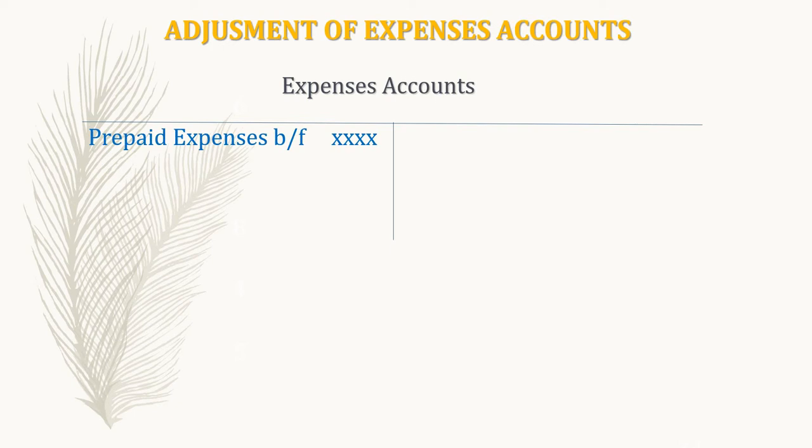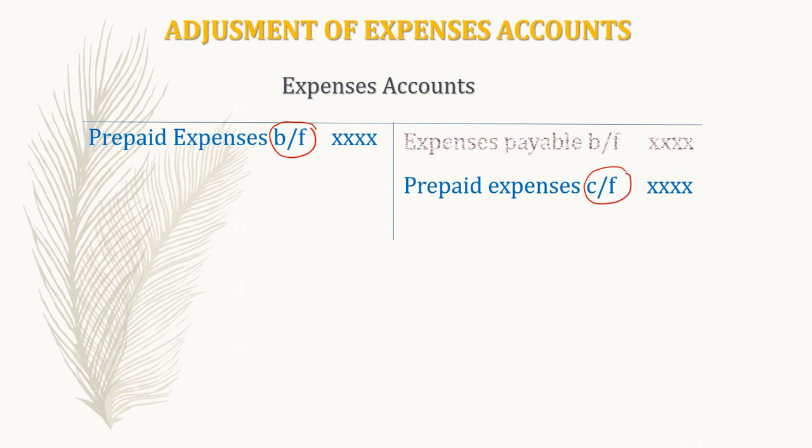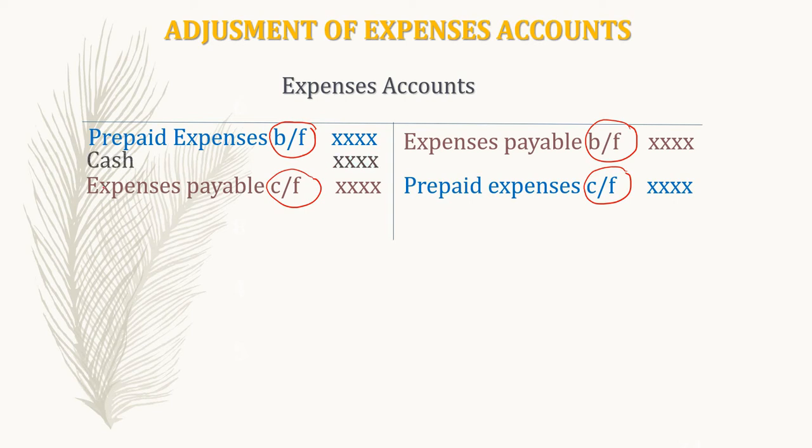Let's say the item is prepaid, so the beginning balance will be put on the debit side and the ending balance will be put on the credit side. But if the expense is payable, the beginning balance will be on the credit side and the ending balance will be on the debit side. So the cash paid, the one that you acquire in your cash book, will be in the debit entry.